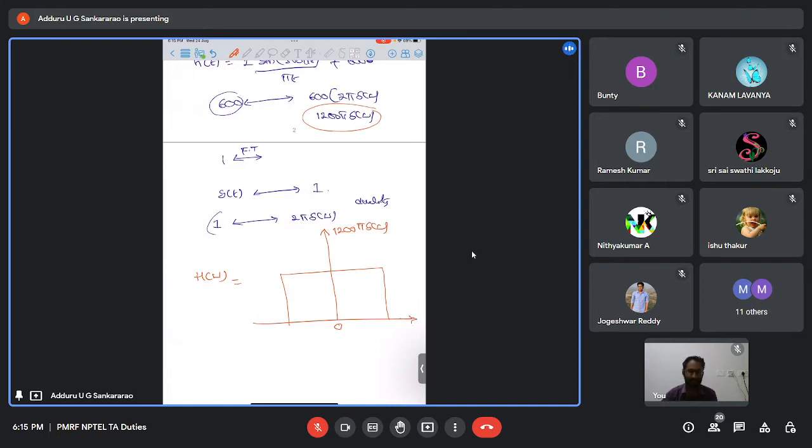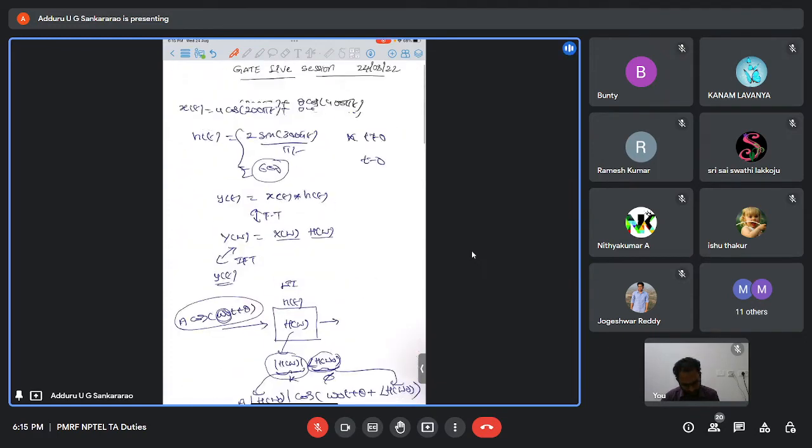Del of omega exists only at 0. So this is the omega domain, from minus 300 pi to 300 pi. This is H of omega, right? Now we found out H of omega.